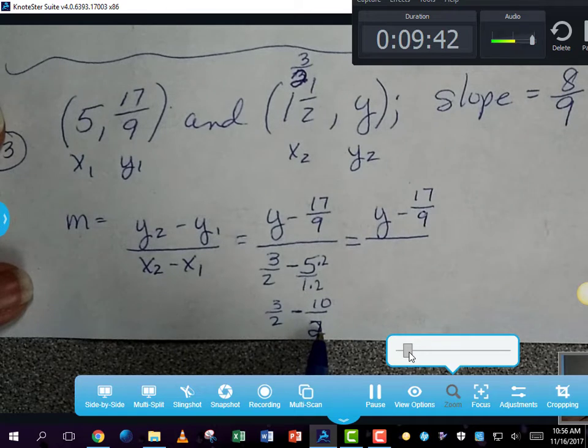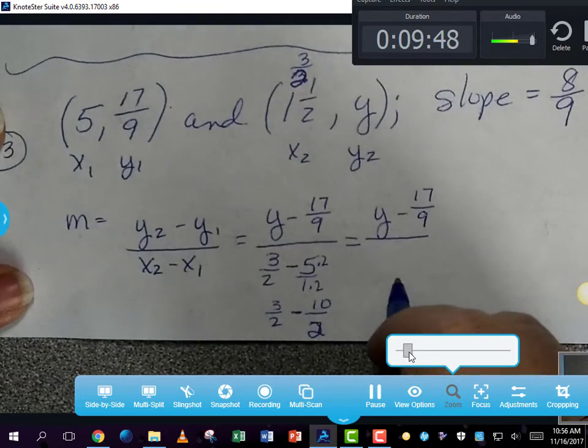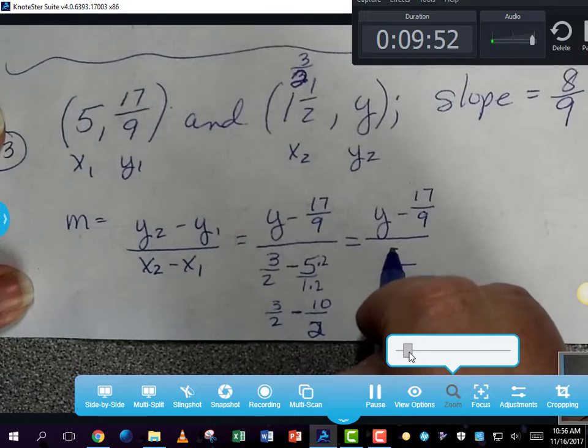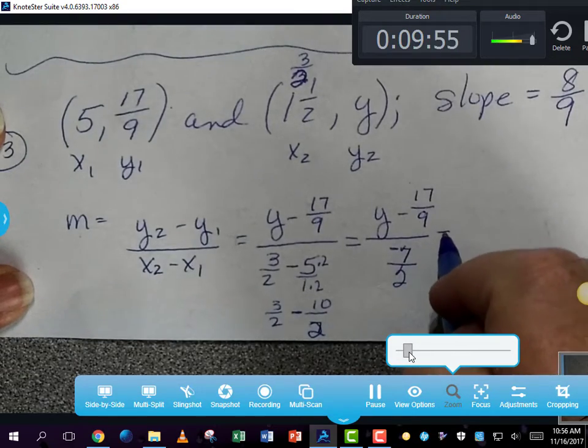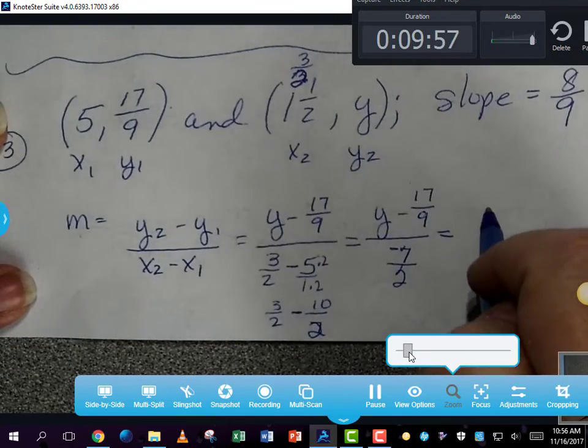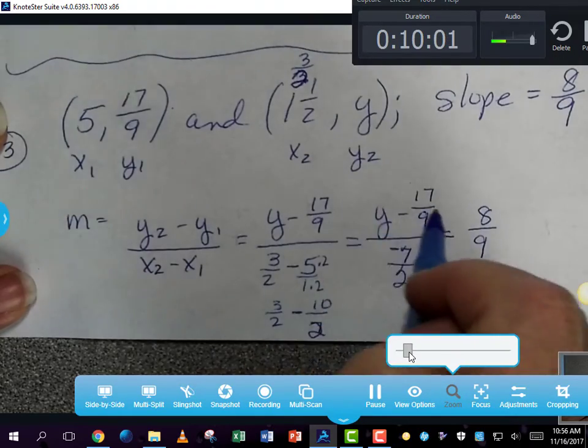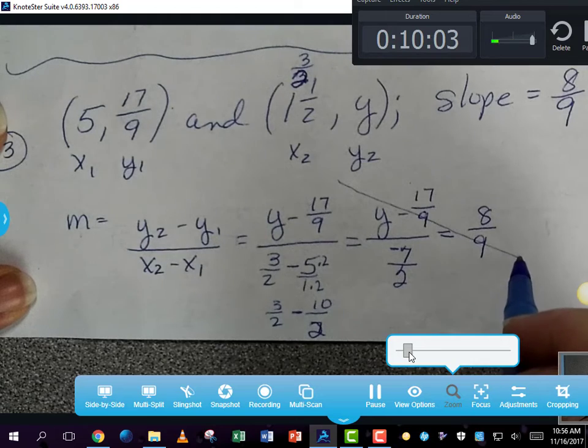When the denominator is the same, keep it the same and only subtract or add the numerators. So my denominator is going to be a 2 and my numerator is going to be 3 minus 10, which is negative 7. Then I need to set this equal to 8/9. So I am going to multiply this.